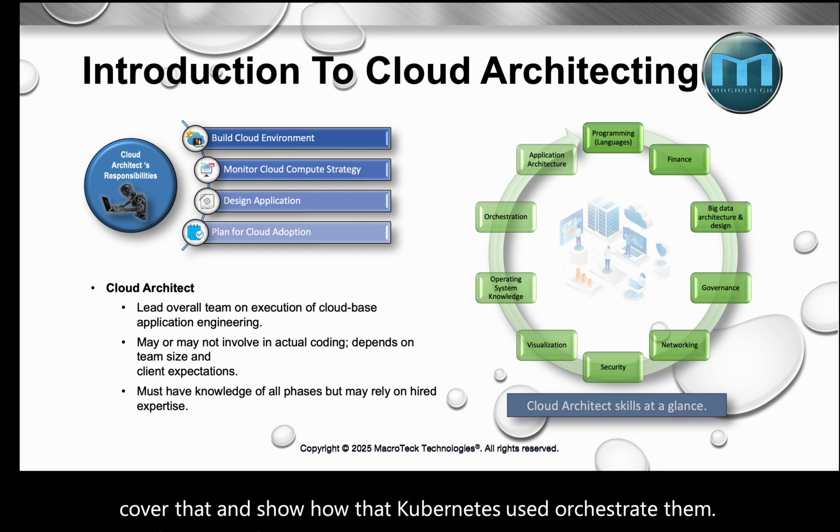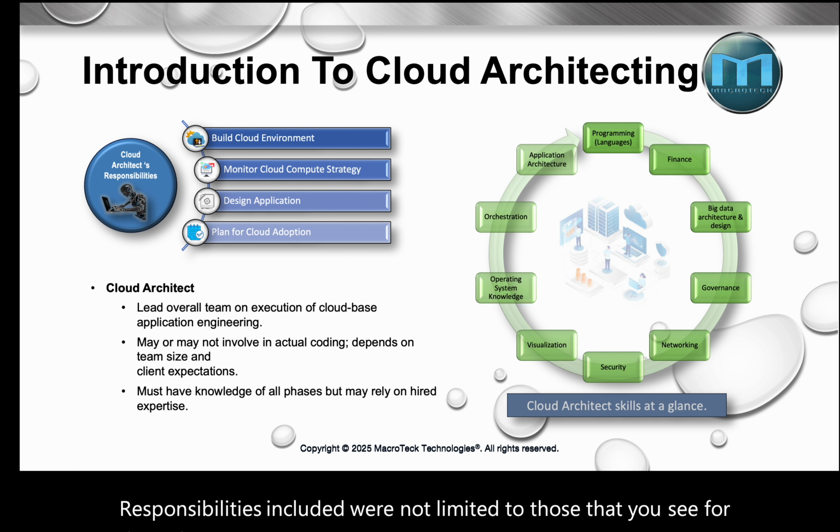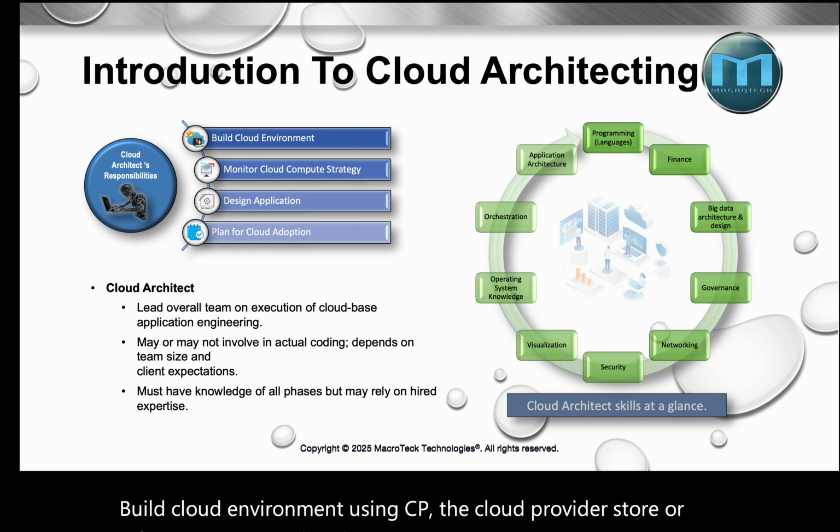Design your application very well to be efficient. Responsibilities include, but are not limited to, those that you see. Build cloud environment using the cloud provider's tools or infrastructure as code, such as Terraform, Ansible, Packer, etc. We will provide more insight into this concept during the use case discussion.